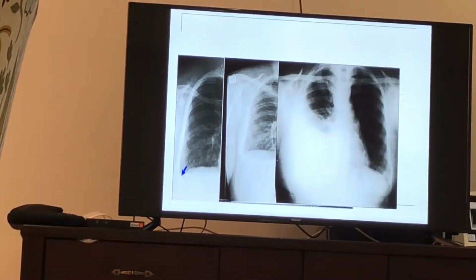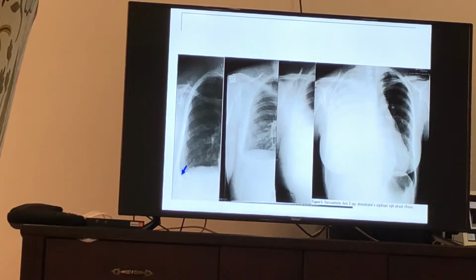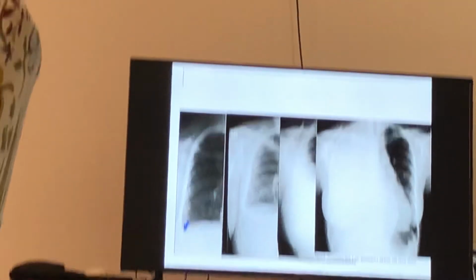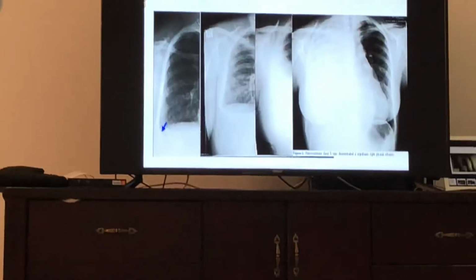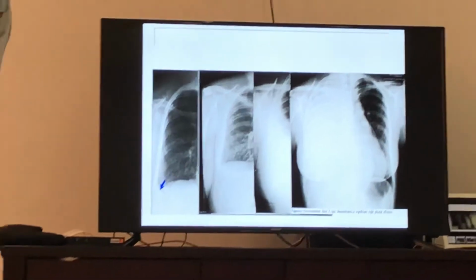Then it becomes moderate, typically rising to the axilla, and then it becomes massive effusion. Massive effusion has two definitions. When you say massive, either the effusion reaches the second anterior rib and above, or any effusion causing mediastinal shift.